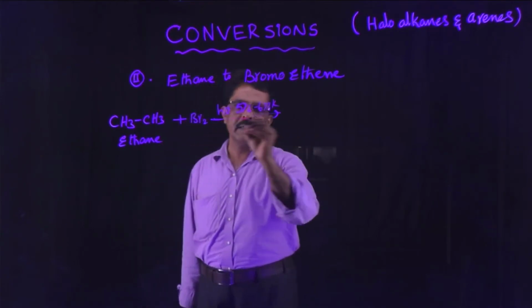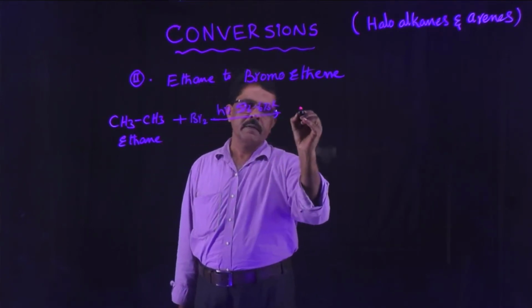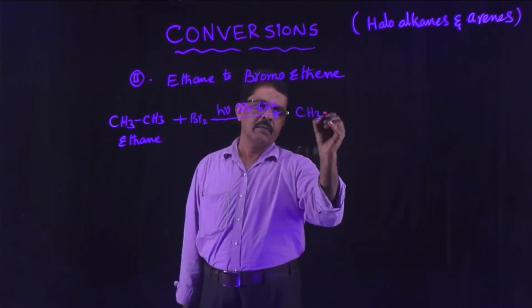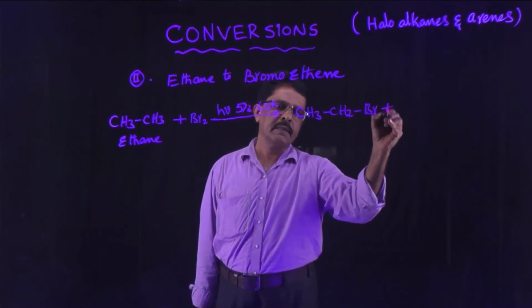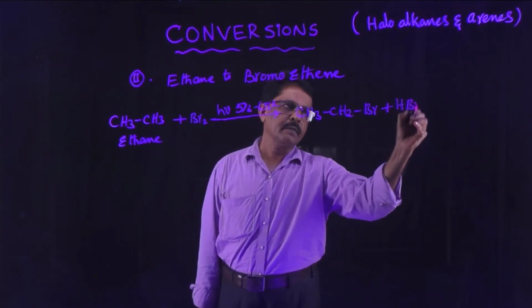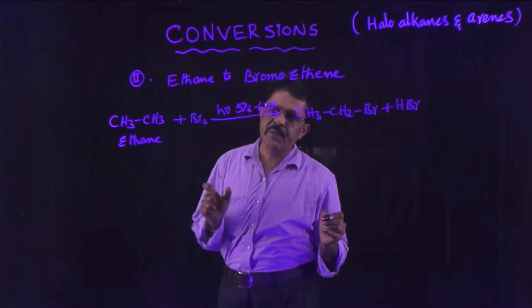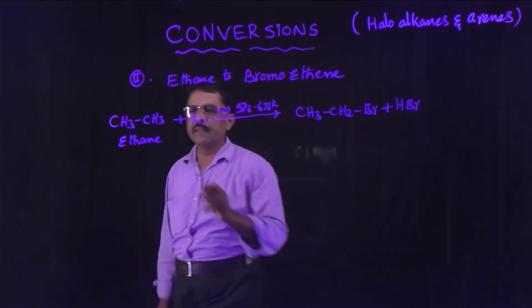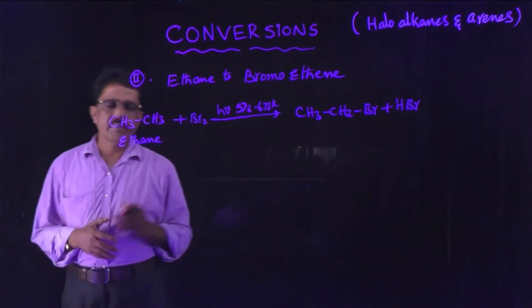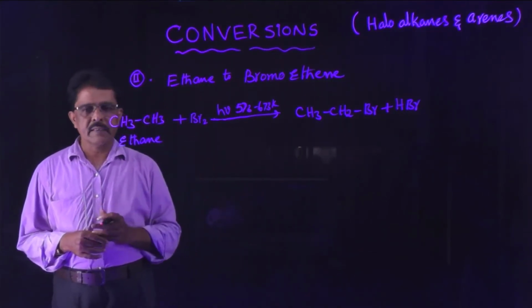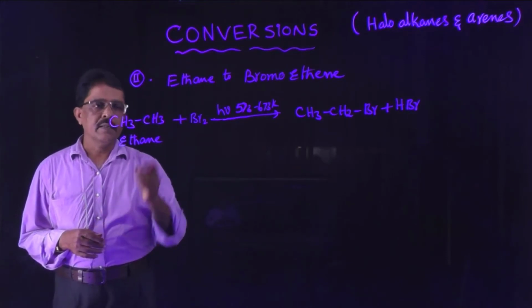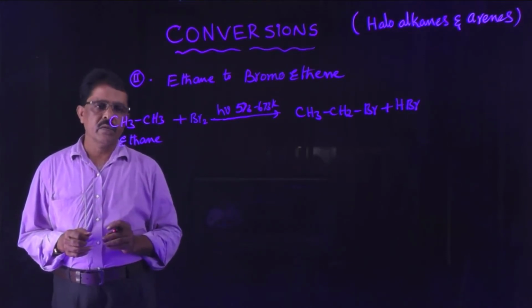Then you will get ethyl bromide, CH3CH2Br plus HBr. This is a simple substitution reaction taking place in the ethane molecule, because ethane is a saturated hydrocarbon.